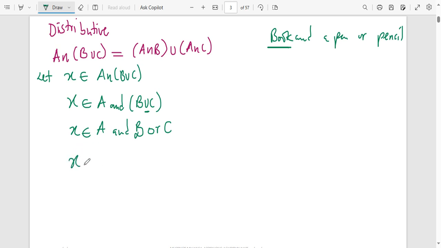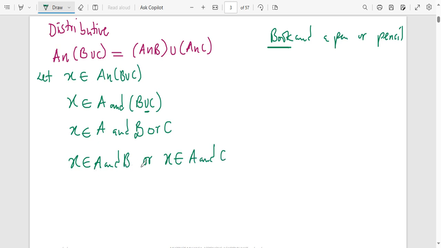So it becomes X. Remember, it is X the member of A and B or C. So this means that X can be a member of A and B, or X can be a member of A and C. Very important.